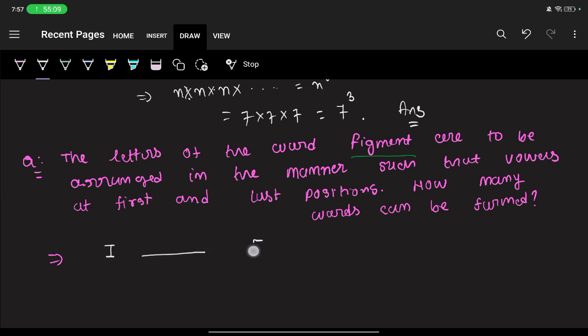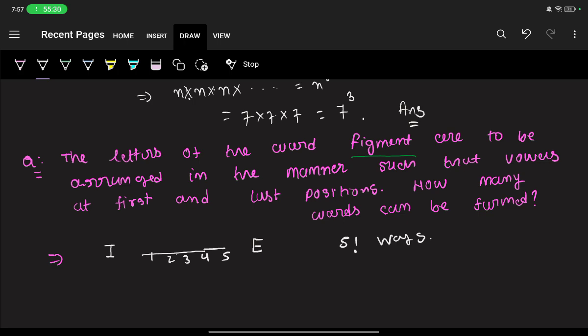Yes, sir. Or vice versa, right? Yes, sir. So the remaining five positions, first, second, third, fourth, and fifth, can be filled by five letters in five factorial ways.